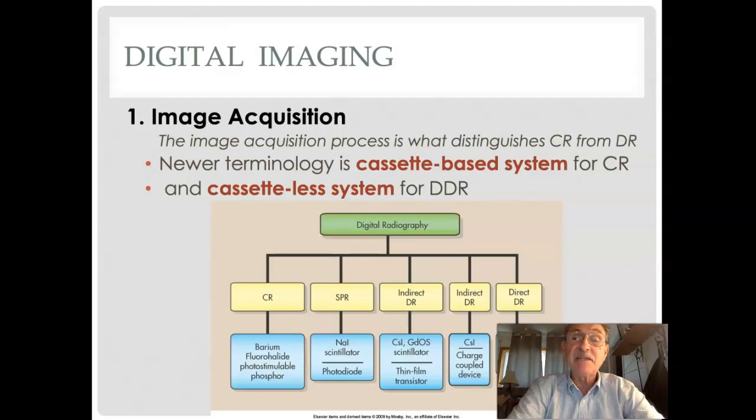The cassette-based system is CR, and the cassette-less system is DR. This is to say that with CR plates, we would actually take a cassette, much like a film screen cassette in size, and we would take that perhaps to the operating room, perhaps to the intensive care unit, perhaps using it in our department in our existing Bucky. With DR, we use an image receptor, but it's not necessarily like a cassette itself.